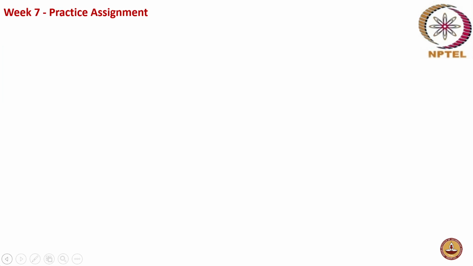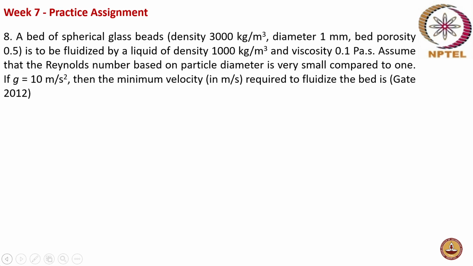Okay, now let's get on to question number 8. A bed of spherical glass beads having a density of 3000 kilogram per meter cube and diameter of 1 millimeter and bed porosity 0.5 is to be fluidized by a liquid of density 1000 kilogram per meter cube and viscosity of 0.1 pascal seconds.